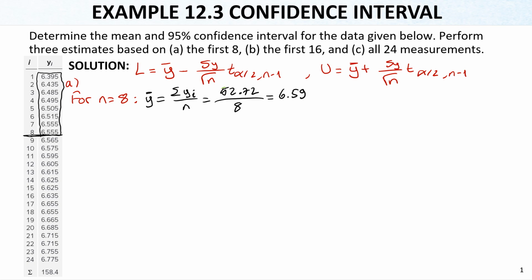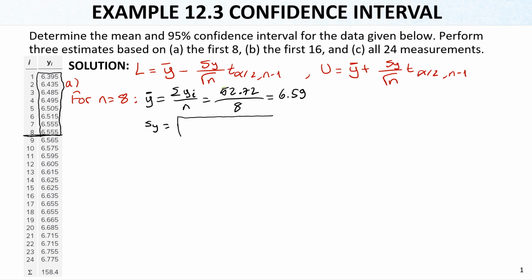And let's calculate SY as well. To calculate SY, if you remember, let me show the formulation first for SY. Maybe we can write the variance formulation.